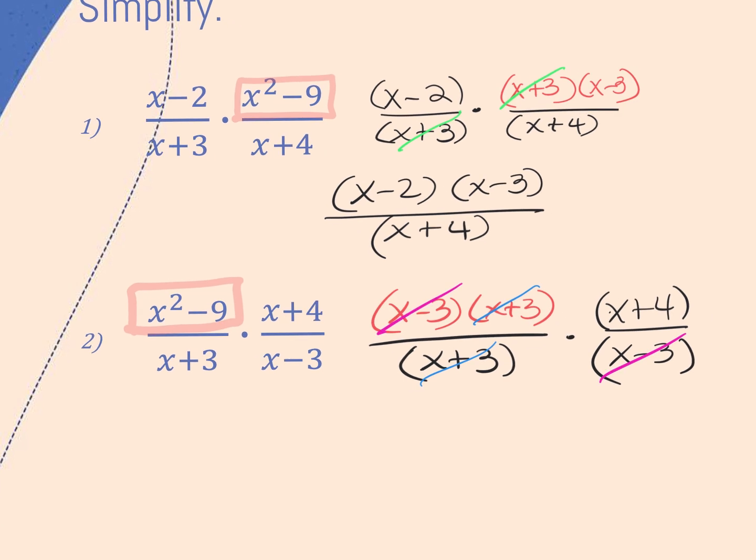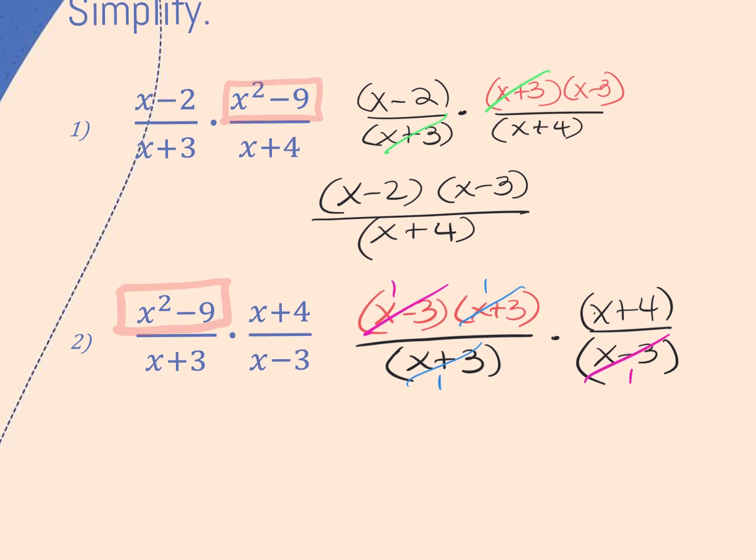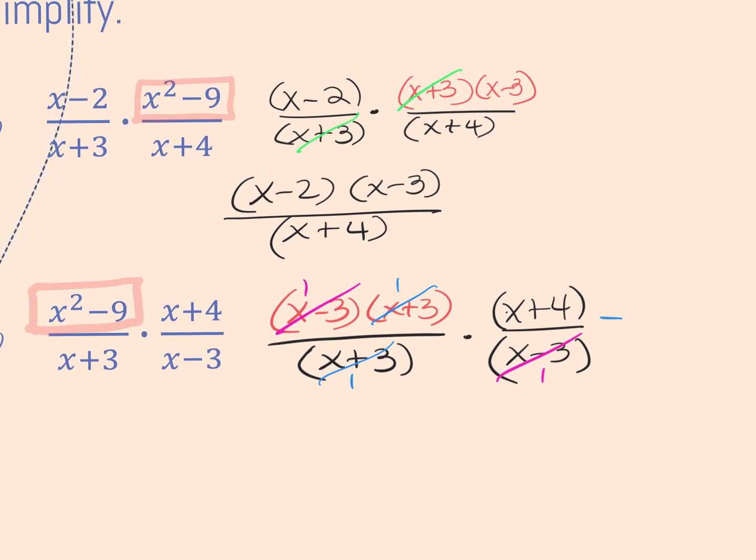Now remember, when you're canceling these things, what remains after you cancel is a 1. Because essentially what you're doing is the same thing divided by the same thing, and anything divided by itself is 1. So now the only thing that remains is the x plus 4. The denominator is a 1, but when the denominator is a 1, your final answer is just that numerator. So the final answer here is x plus 4.